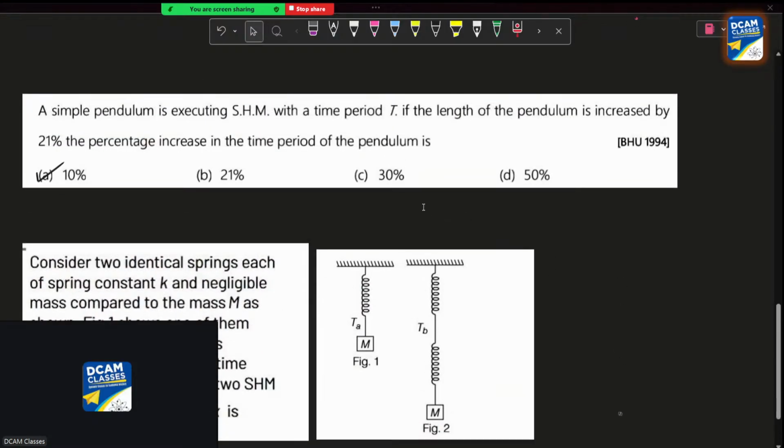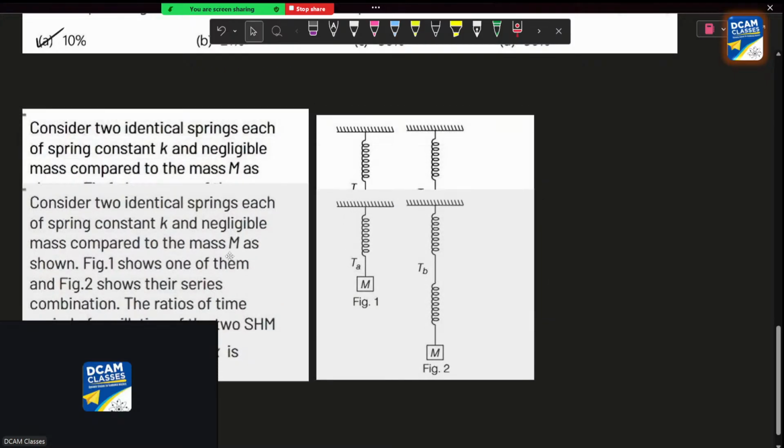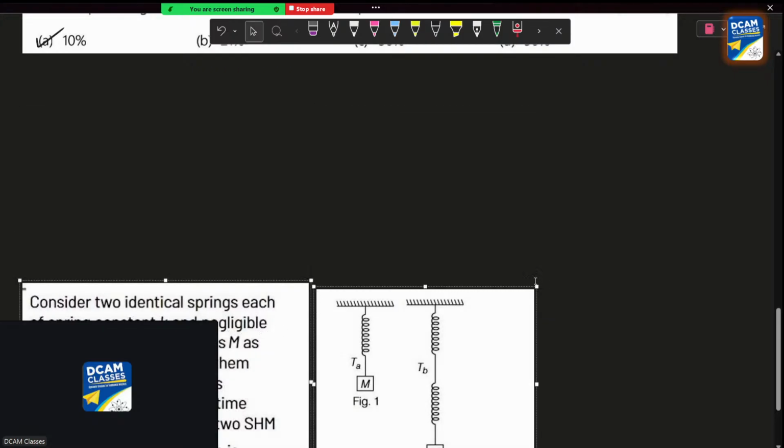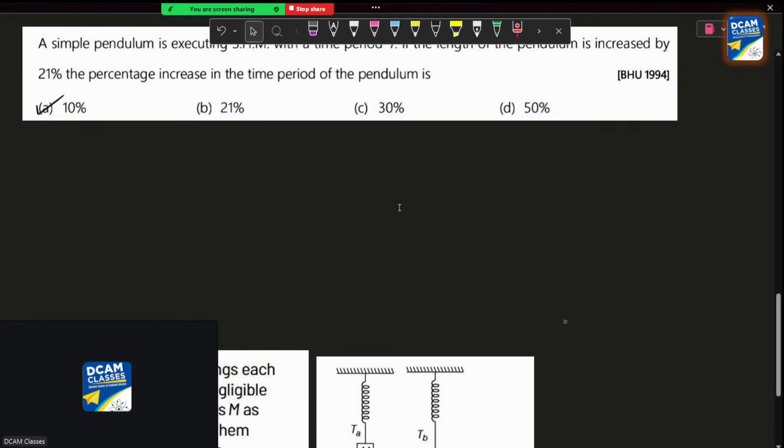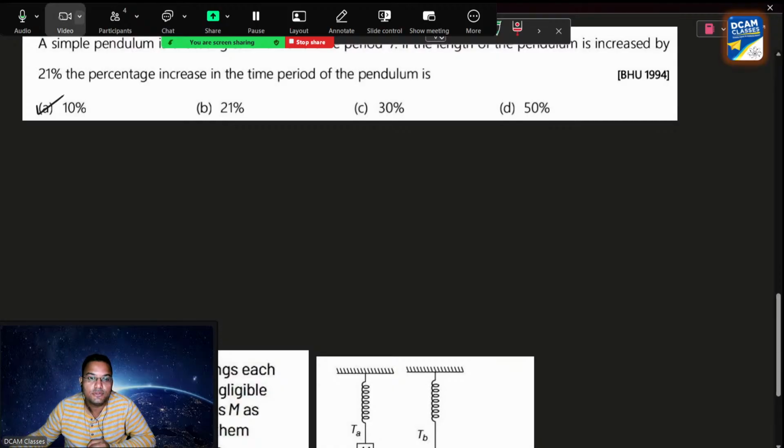The formula you should use here is 2 pi root over L by g. It's simple. Haripriya, you are correct.